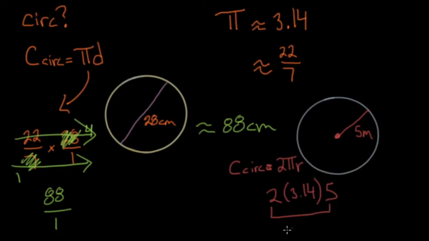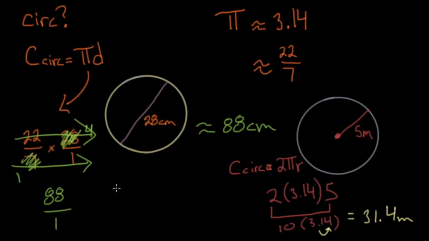So what's 2 times 5? That's just 10. And what's 10 times 3.14? Well, hopefully you remember that that's just a simple little move the decimal rule. So 10 times that means I'm moving the decimal one place over to the right. So my answer would basically be 31.4 meters. And there you go.